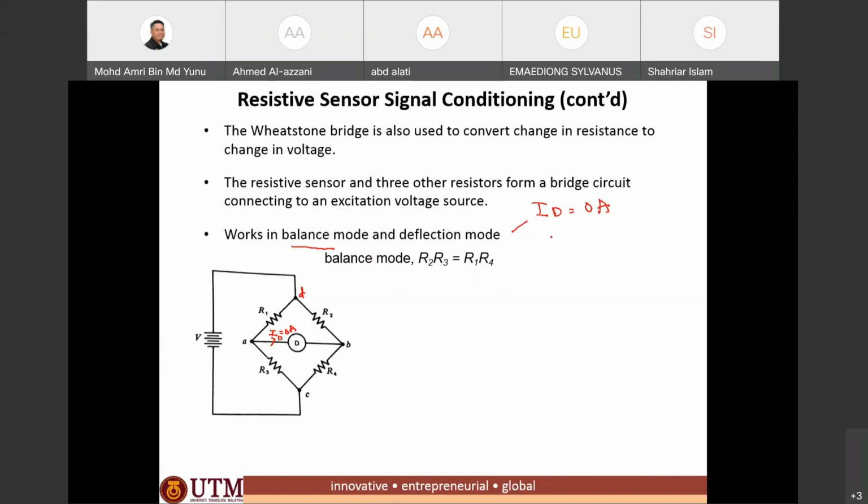Another thing is that during the balance mode, VA minus VB is equivalent to 0, or in words, the voltage potential between point A and B will be 0 volt.